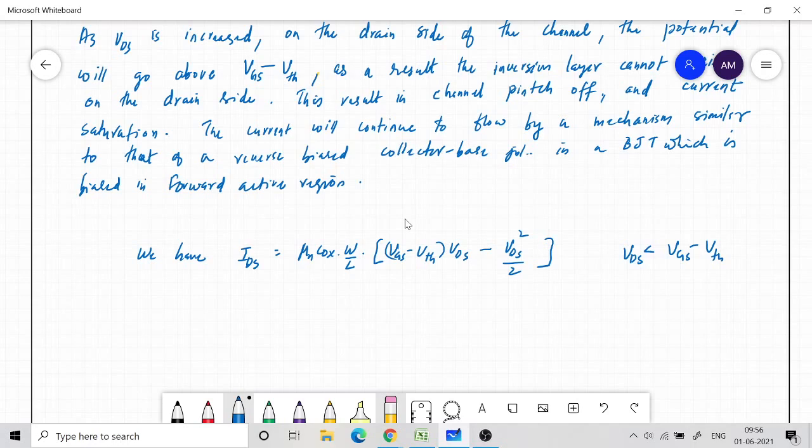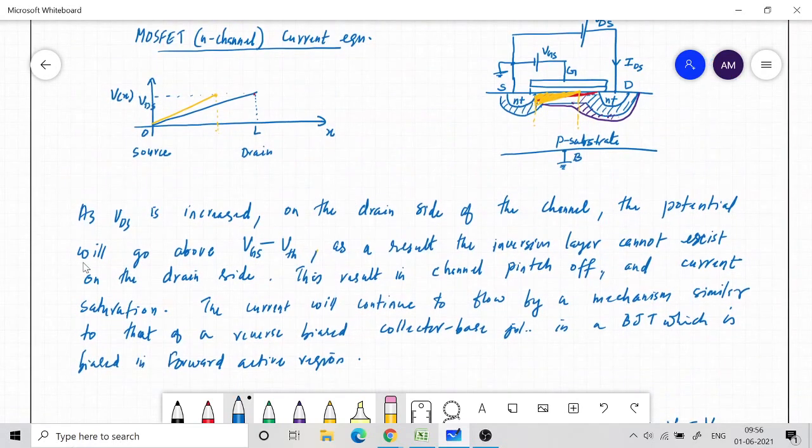Only when this is true can we say that the potential is dropped linearly across the channel, because the channel exists from 0 to L. Otherwise the channel does not exist from 0 to L. So the entire applied voltage VDS is dropped across it. That is what this means.